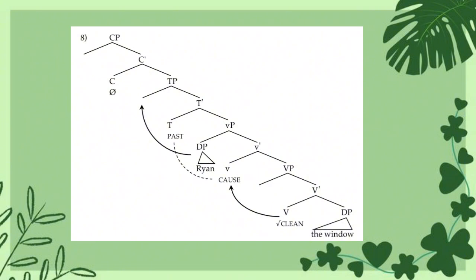The subject DP moves for the usual case and EPP reasons. In order to create the verb clean out of the cause and clean, there is head movement of the V into the little v category. This verb movement is sometimes called short verb movement or V to v movement.